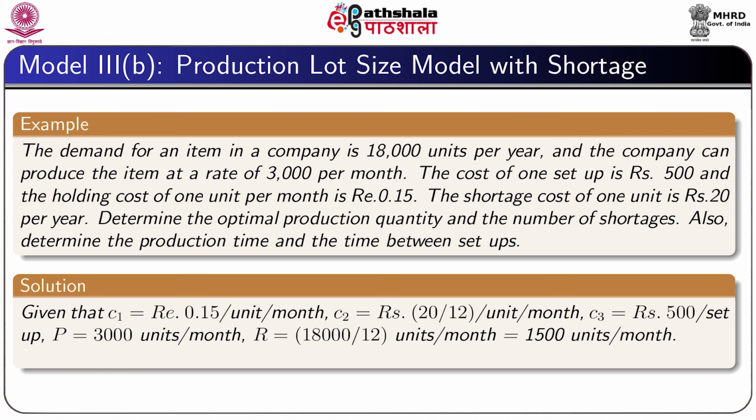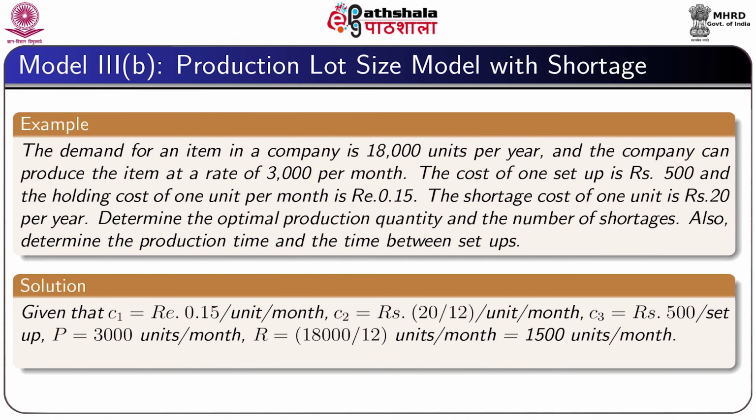The cost of one setup is rupees 500 and the holding cost of 1 unit per month is rupees 0.15. The shortage cost of 1 unit is rupees 20 per year. We have to determine the optimal production quantity and the number of shortages. Also, we have to determine the production time and the time between setups.